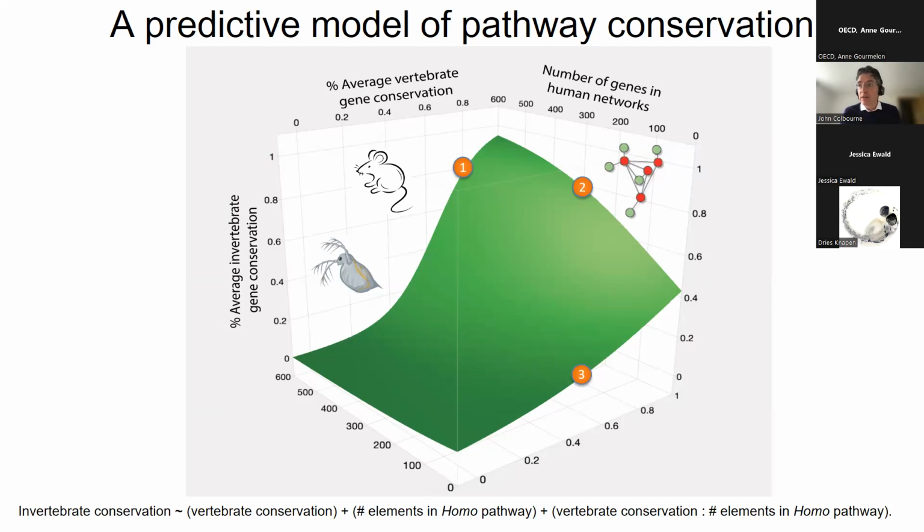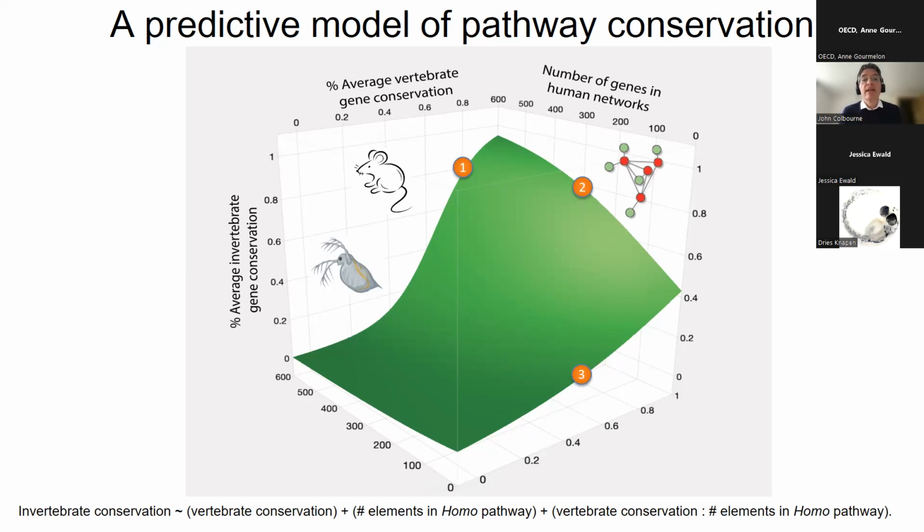And we're talking not here of just toxicity pathways, but all pathways that are shared among animal species. And so this general linear model indicates that there is a function with regards to the general conservation of pathways that is dictated by the size of the biomolecular network.